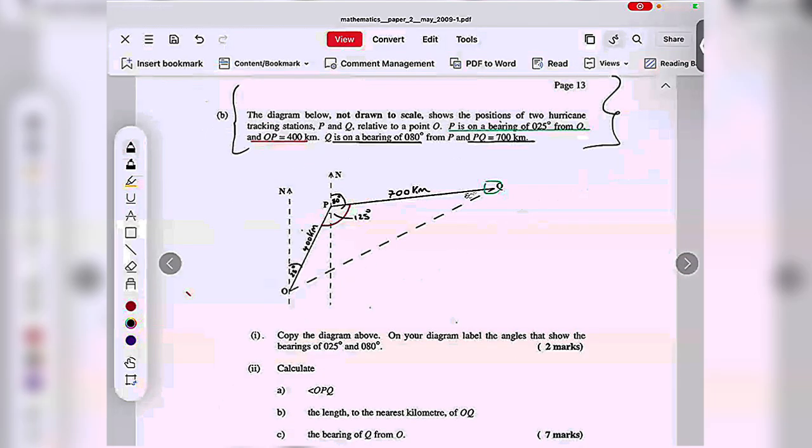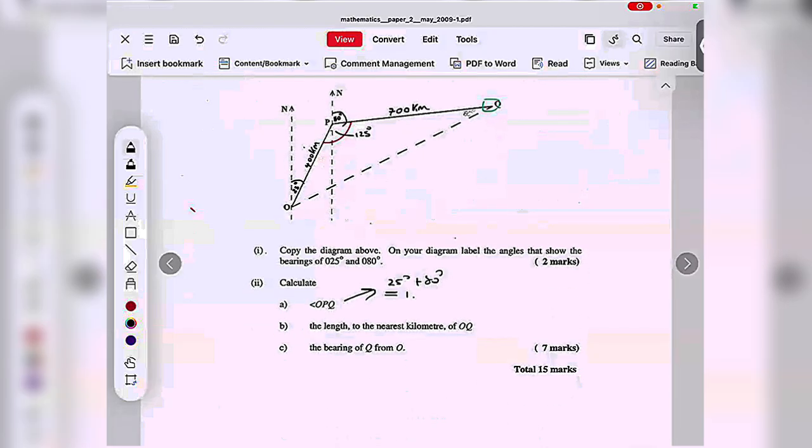However you get it, you get it. So the simple answer would have been 25 degrees plus 80. They never ask for a reason. How many marks is it worth? Altogether it's worth 7.